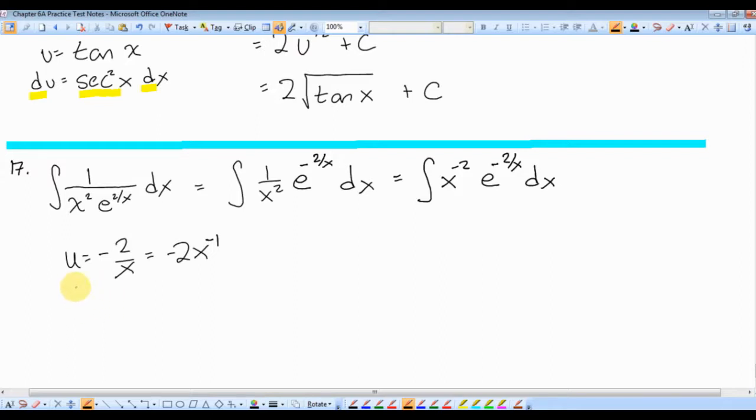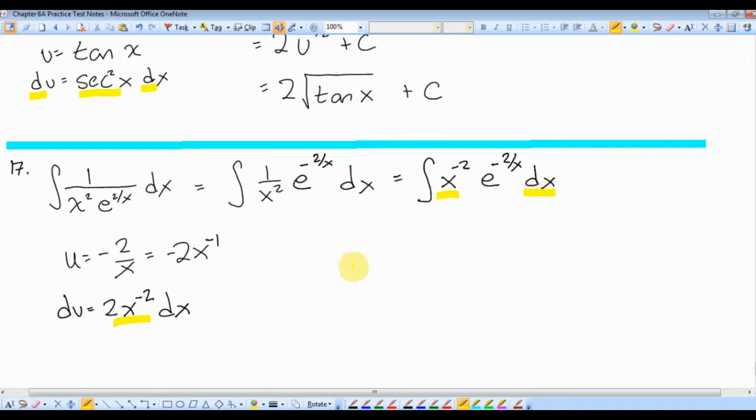So I've rewritten it, right? So what's du? Negative 2 over x squared, or negative 2x to the negative 2 power dx. Look, I have an x to the negative 2.